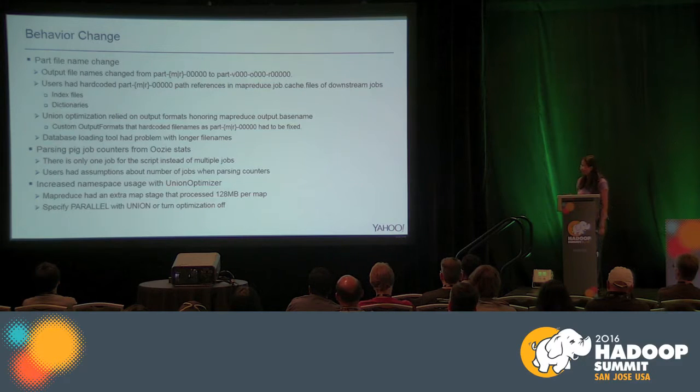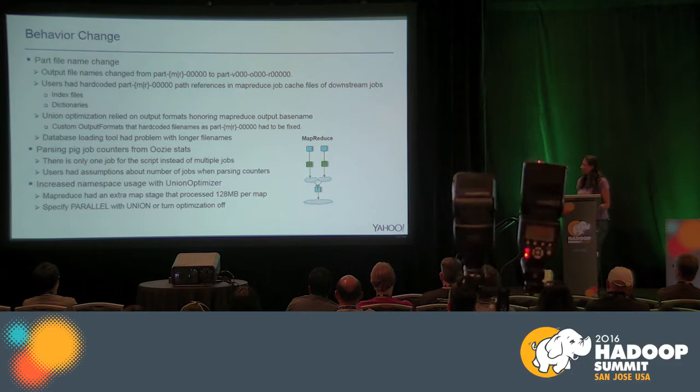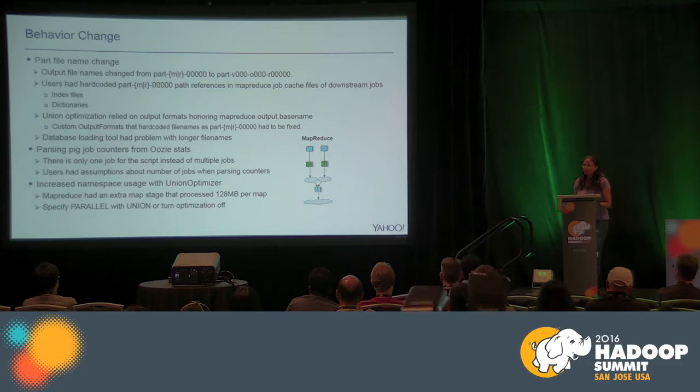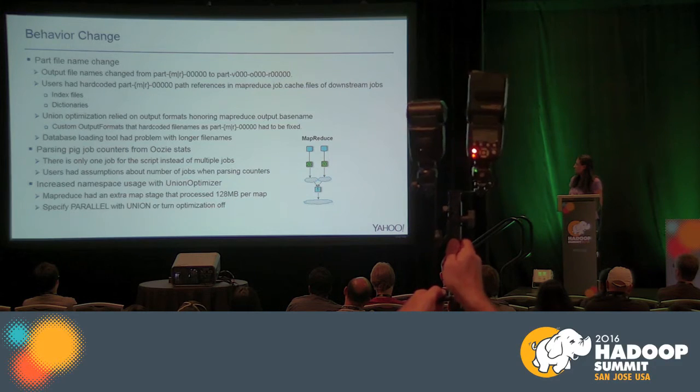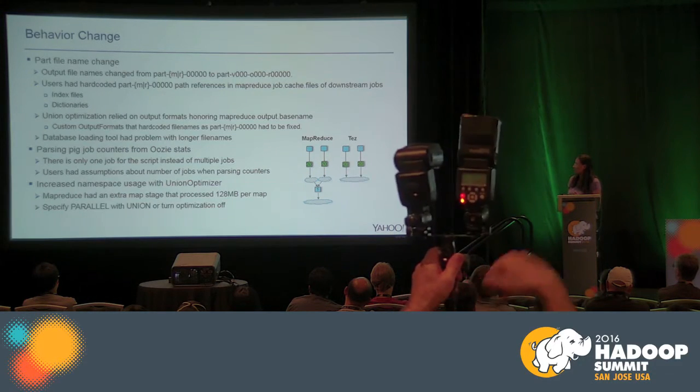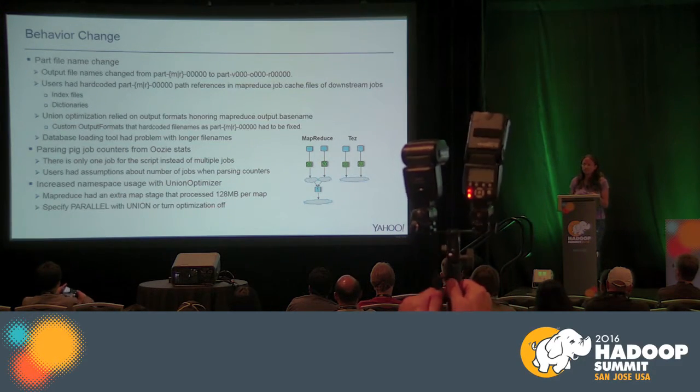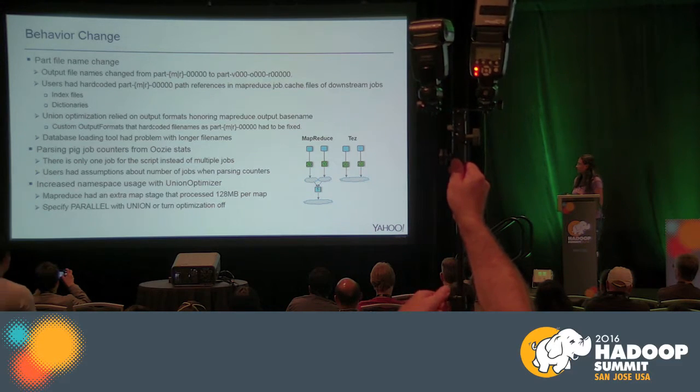And there's increased namespace usage with the union optimizer. The way union was implemented in MapReduce was that you had maps and reduces, let's say you do 2 group bys and a union of the data. It will be written to disk, and then you have a map phase which combines about 128 MB of data and writes it out again. So if you have a lot of smaller data, it got combined into bigger files. What happens in Tez is, since you have the ability to write from different vertices into the same directory, we just skipped that step.